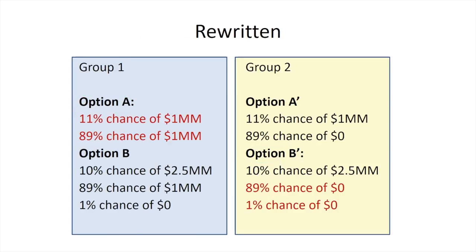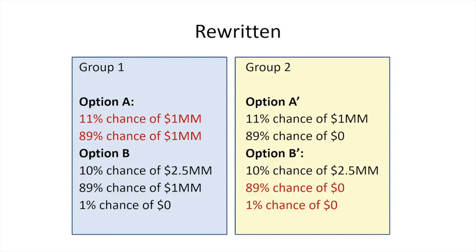For example, if I look at the blue box and option A, remember it used to be a 100% chance of 1 million, I now rewrite that as an 11% chance plus an 89% chance of 1 million. I do the same thing in the yellow box: I look at the 90% chance of nothing and break that down into an 89% chance of nothing plus a 1% chance of nothing.